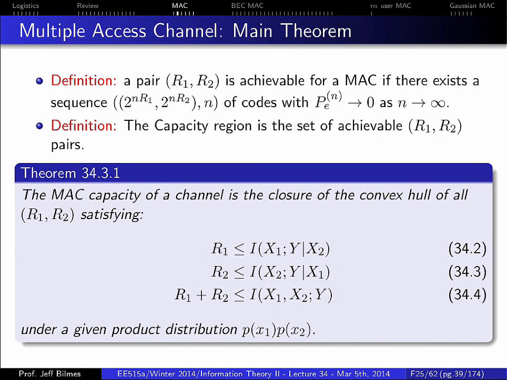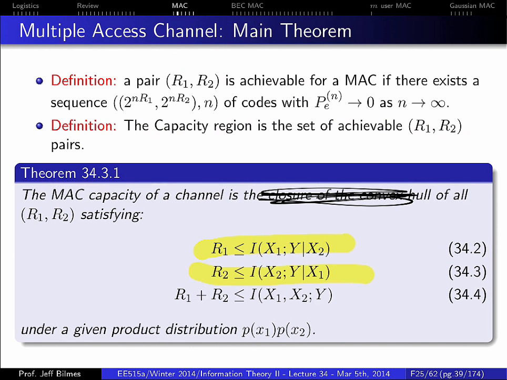So first of all, let's forget about this closure of the convex hull for a minute, just to understand this theorem. We're saying that R1 and R2 is achievable if it satisfies these inequalities, meaning that R1 individually has to be less than the mutual information between x1 and y given x2.